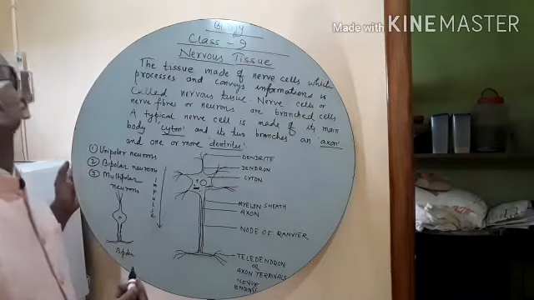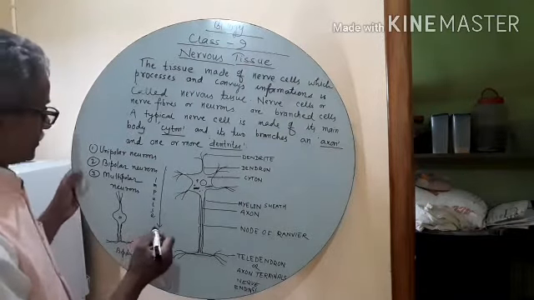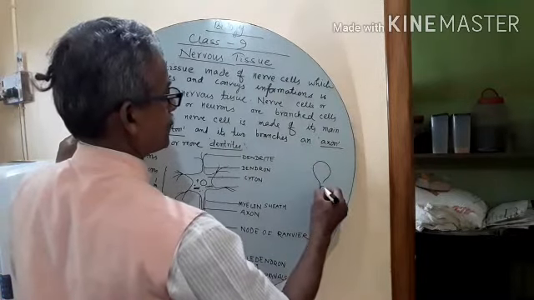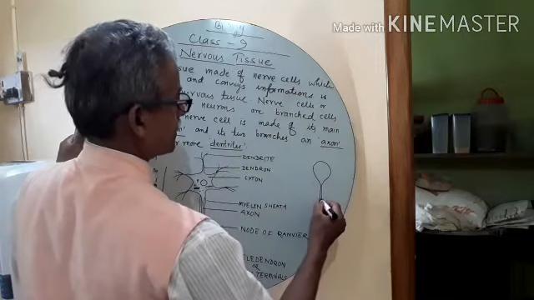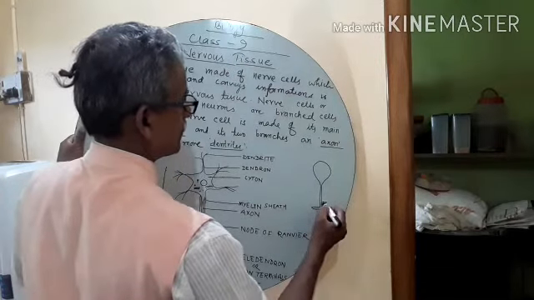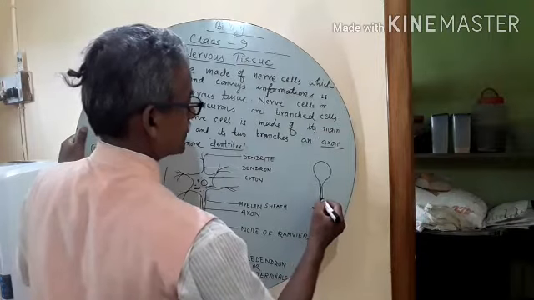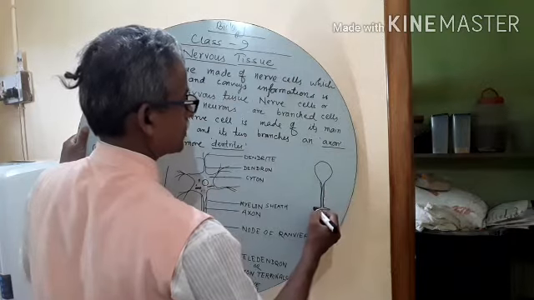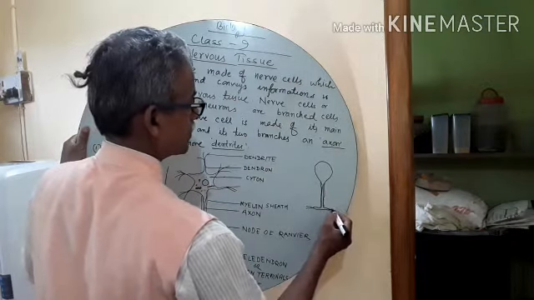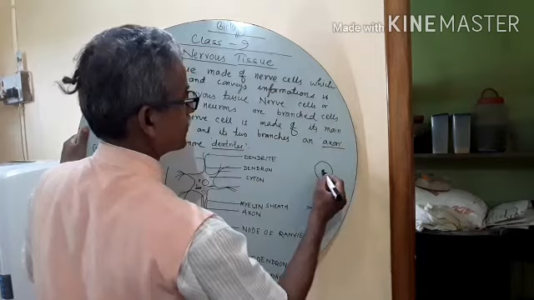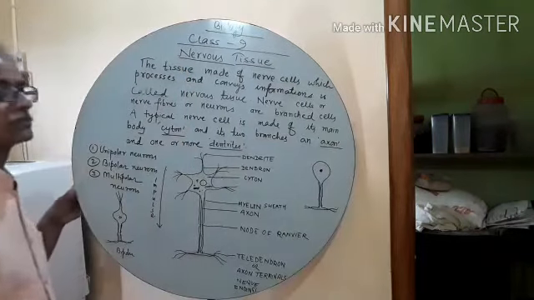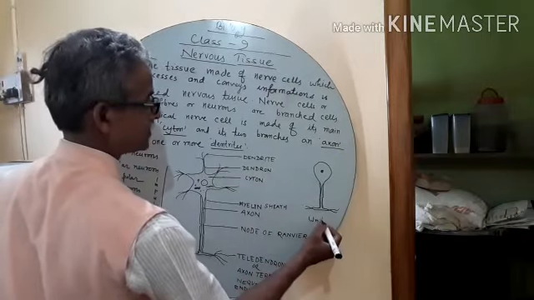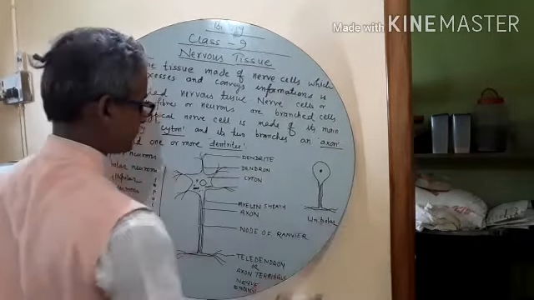And a unipolar neuron is just like this. Only one branch, and that is the axon, emerging from the cyton. This is a unipolar neuron.